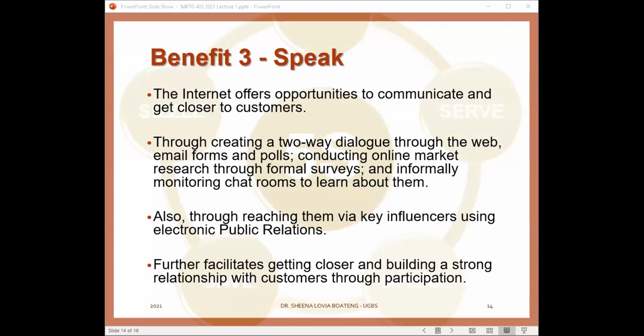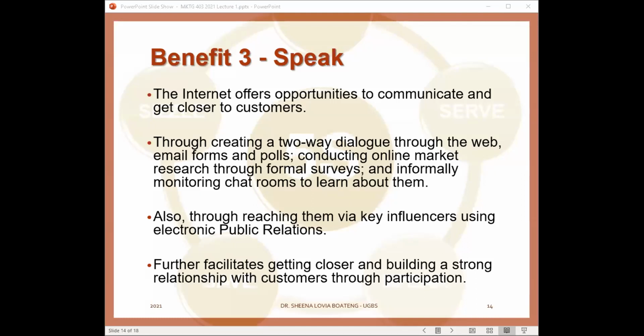All right, so that is it about communication, right? Communication here basically facilitates the building of a strong bond between the marketer and their customers, the firm and their customers, getting them to believe in them.